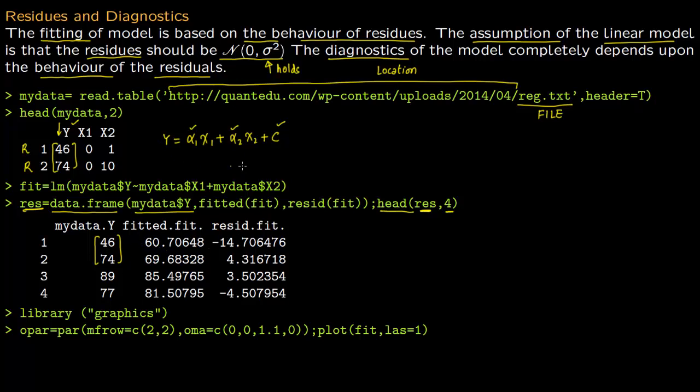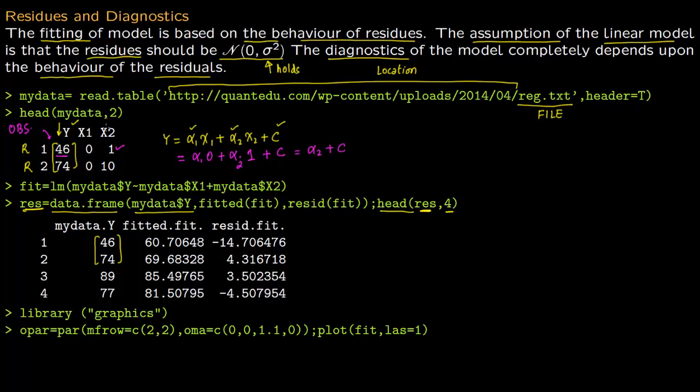So what happens is, once you run the model, this 46 is the actual observed. This is what you have observed. But if you put 0, 1 in the model, this will become equal to alpha 1 times 0 plus alpha 2 times x2, which is 1, plus a constant. So this becomes alpha 2 plus c.